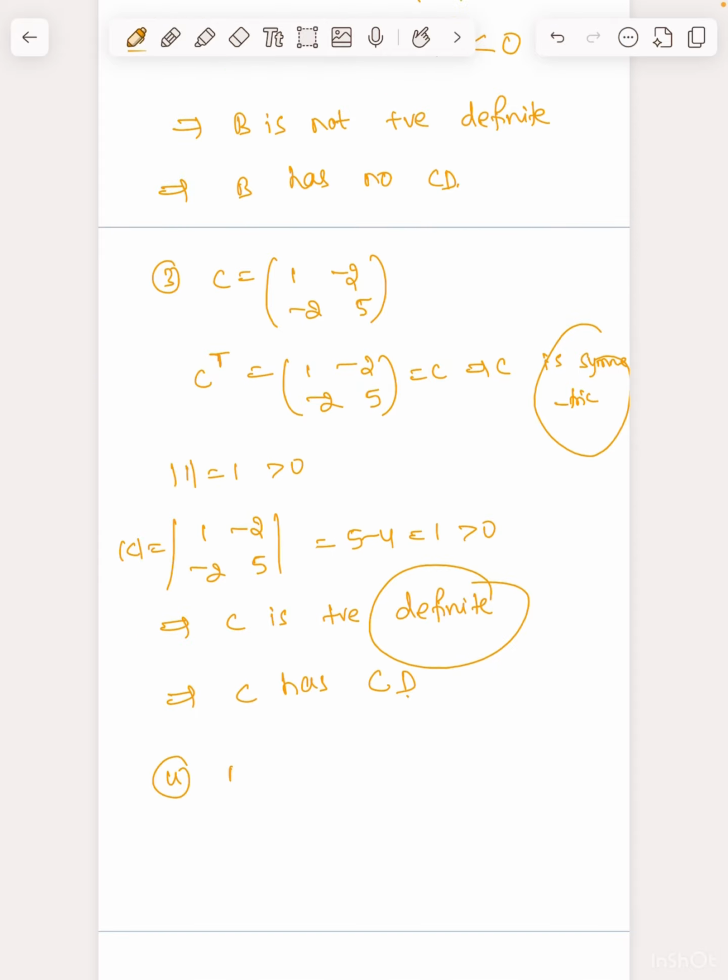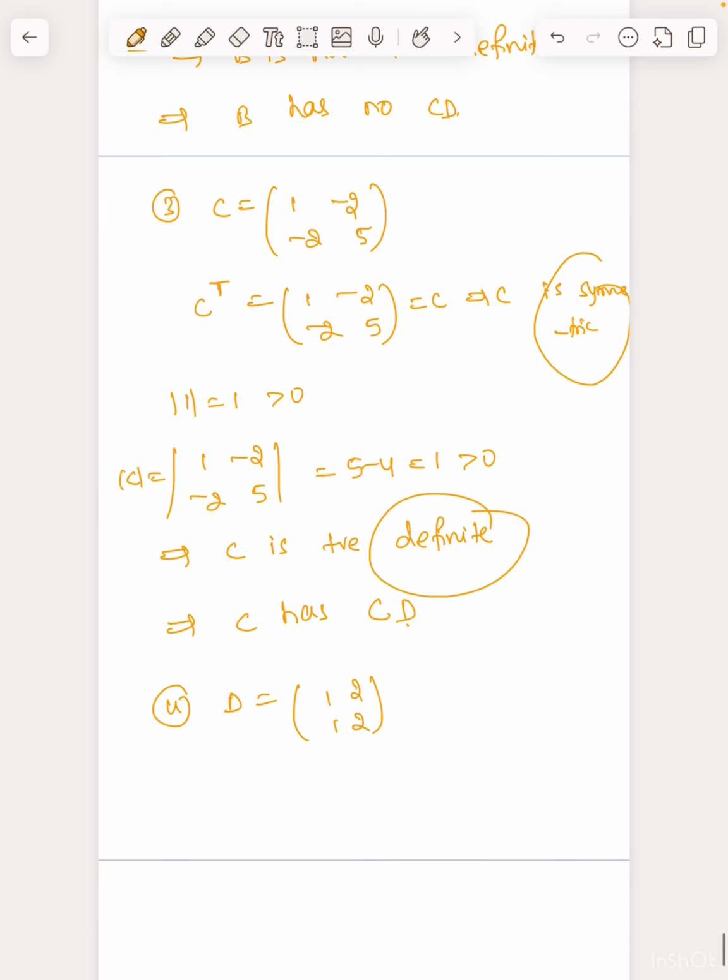Now we see option 4. That is D equal to 1, 2, 1, 2. Here D transpose is equal to 1, 1, 2, 2. This is not equal to D. This implies D is not symmetric. D is not symmetric, so don't think about positive definiteness, because the basic requirement in case of a real matrix is that it should be symmetric.